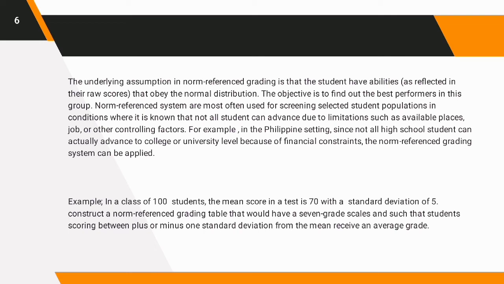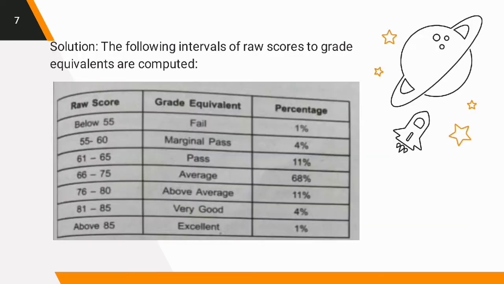For example, in a class of 100 students, the mean score in a test is 70 with a standard deviation of 5. Construct a norm-referenced grading table that would have 7 grade scales and such that students scoring between plus or minus 1 standard deviation from the mean receive an average grade.